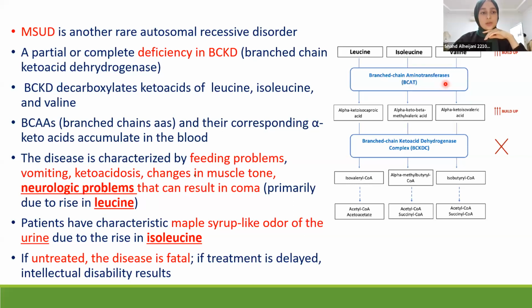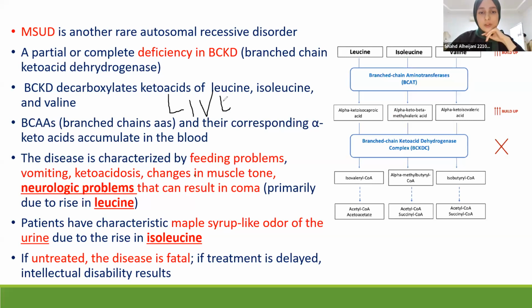Okay, so what is the function of this enzyme? It decarboxylates the keto acids of leucine, isoleucine, and valine. So we can remember this again. All the methods I use are weird, so don't judge me. For maple syrup, we imagine a tree. We can imagine that this tree is alive, so we can think of the word live.